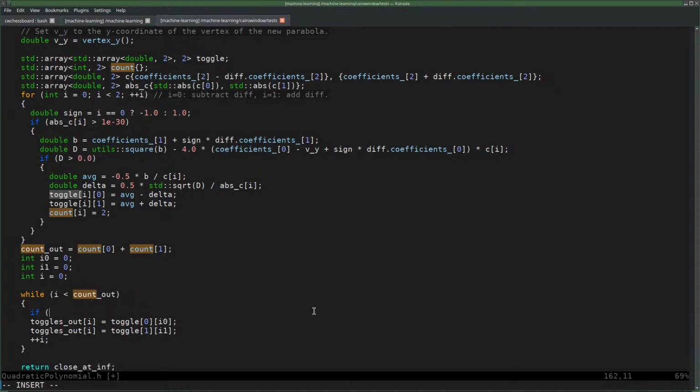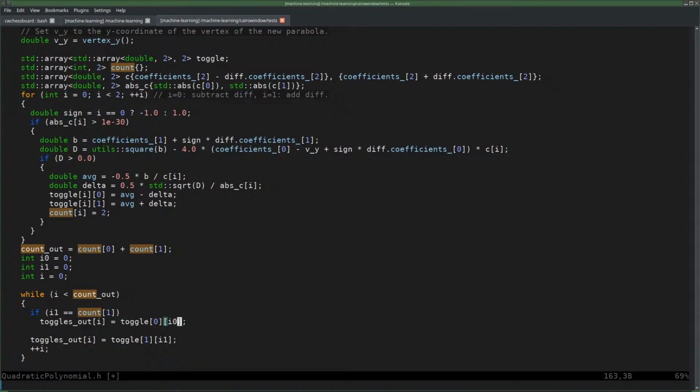If I1 equals count 1, if that is the case, then we don't have toggle 1 left anymore. So then it should be this anyway.